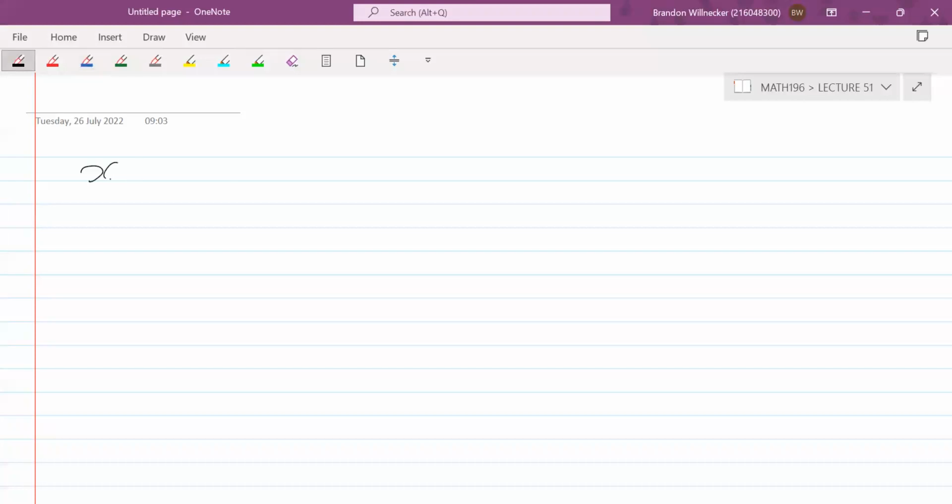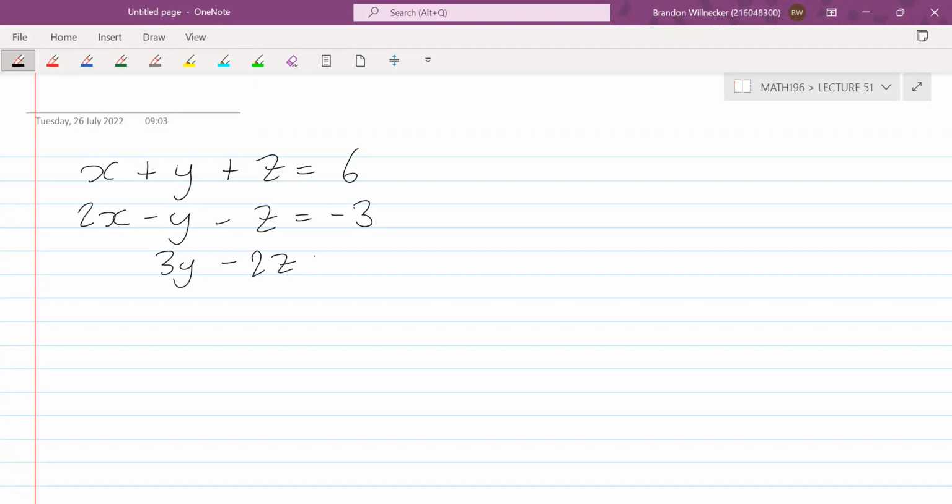We have x plus y plus z is equal to 6. Now we have 3 variables. Then we have 2x minus y minus z is equal to minus 3, and 3y minus 2z is equal to 0.